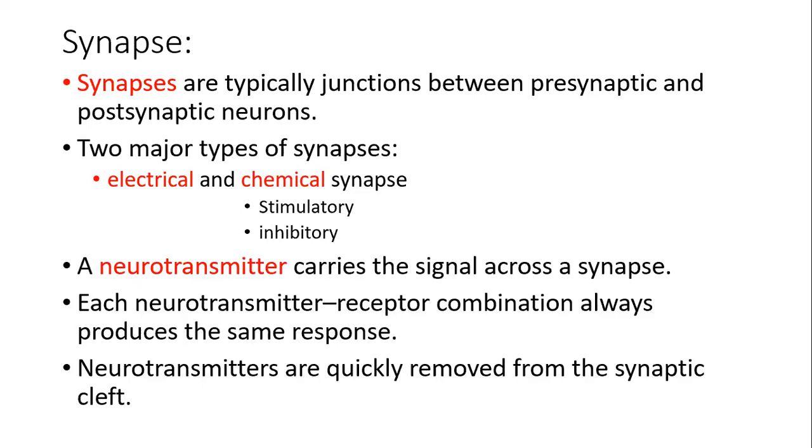Now, when a presynaptic neuron releases the neurotransmitter, on the postsynaptic membrane we have a receptor for that particular neurotransmitter. For that reason, every time you stimulate that neuron, the events will always be the same, because they will initiate that combination and the results will always produce the same response.